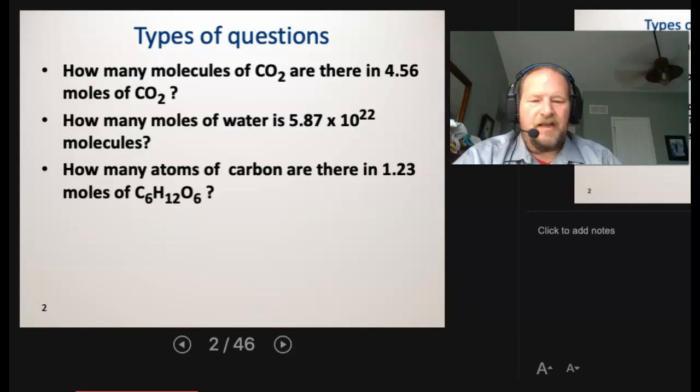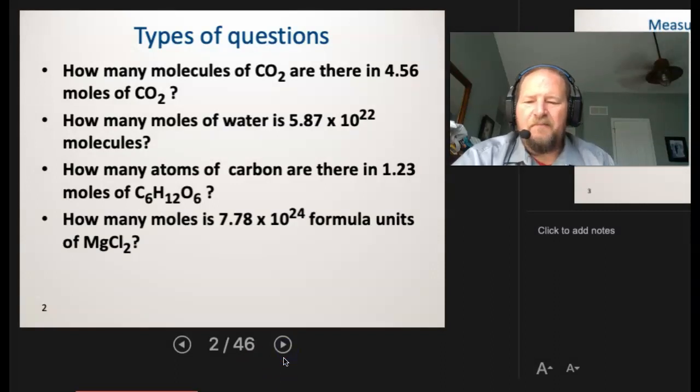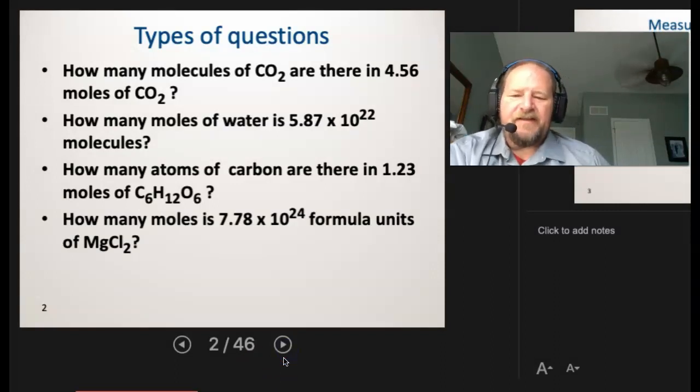All right, our last question of this type. How many moles is 7.78 times 10 to the 24 formula units of magnesium chloride?